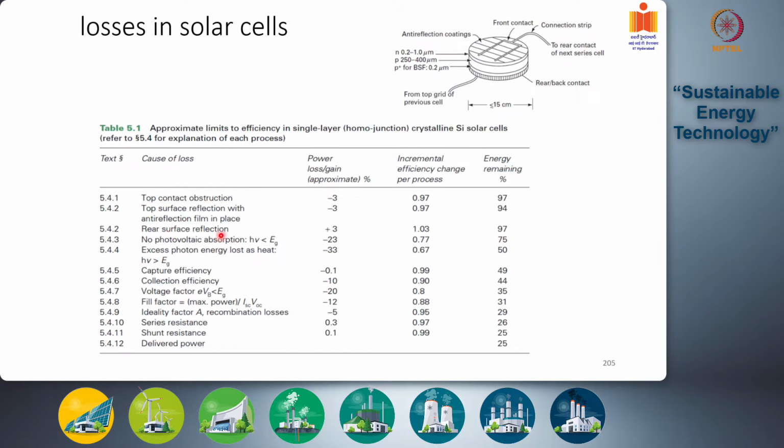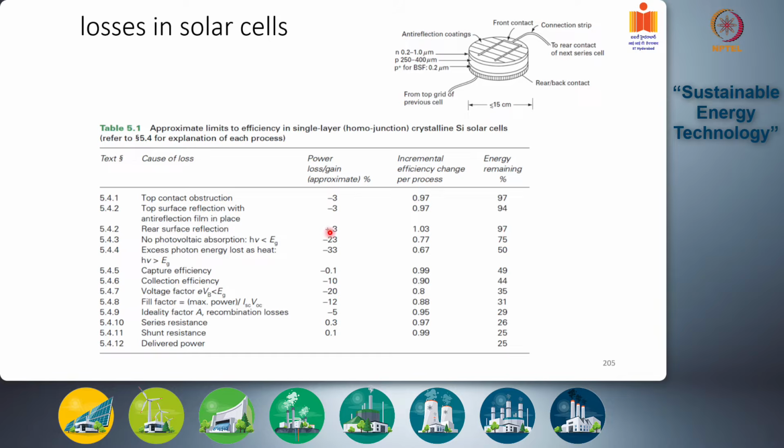So rear surface reflection is actually an efficiency-improving device, because if you have a good reflection system, some of the sunlight that would have been lost through transmission is reabsorbed after passing one more time through the solar cell. So you get a plus 3% increment in efficiency. This 94% of energy remaining goes back up to 97%, because you are getting excess energy back. All right.